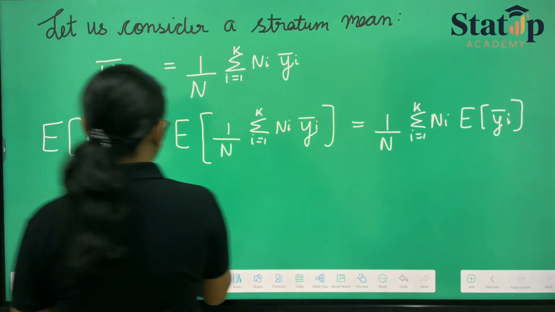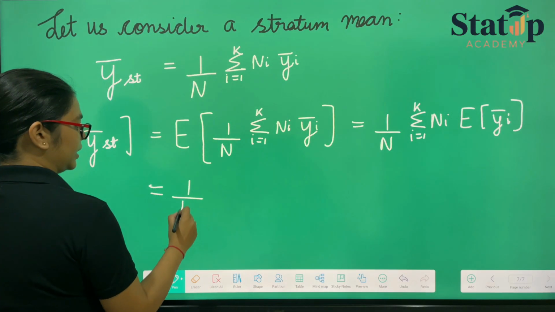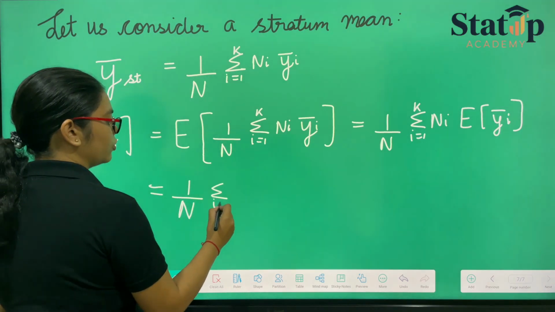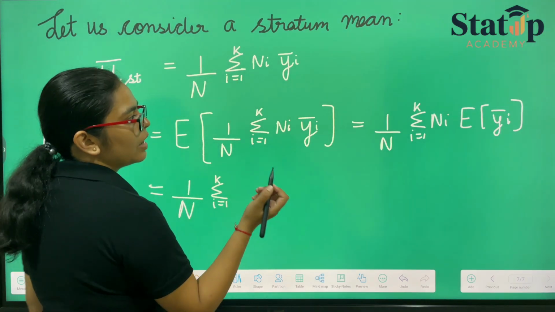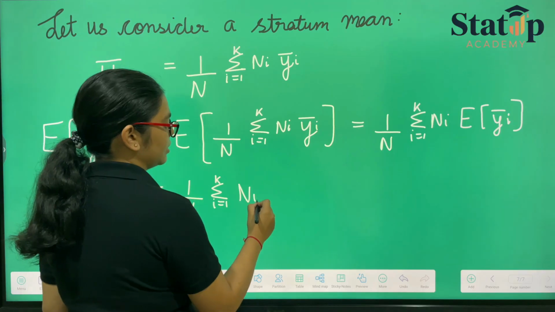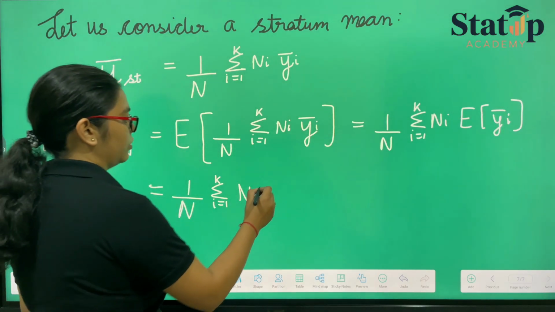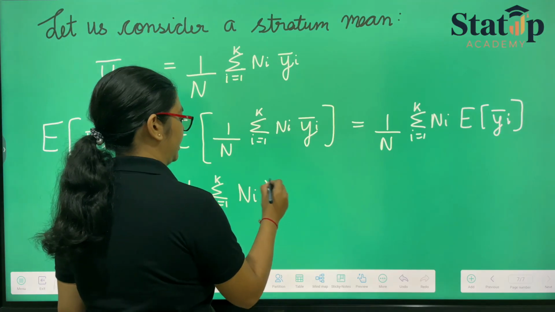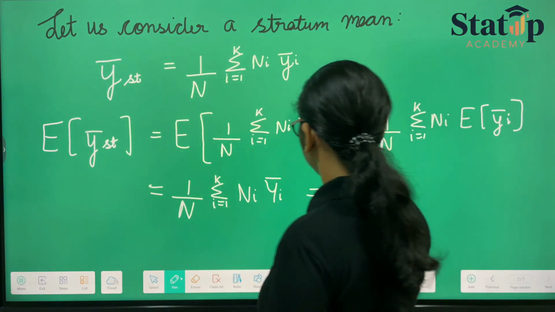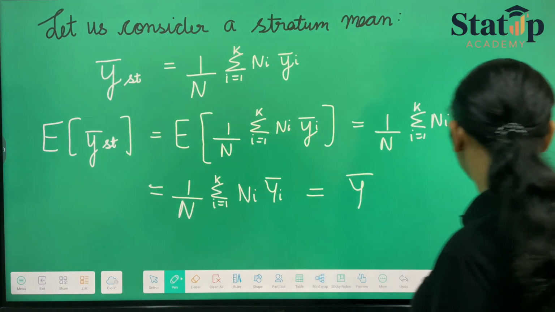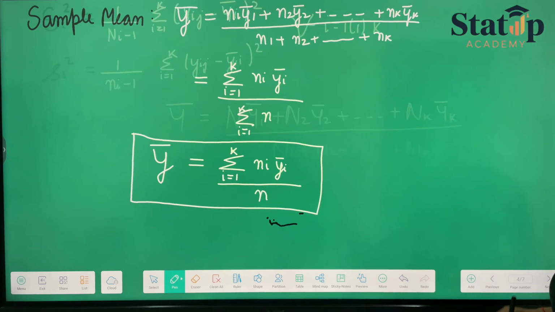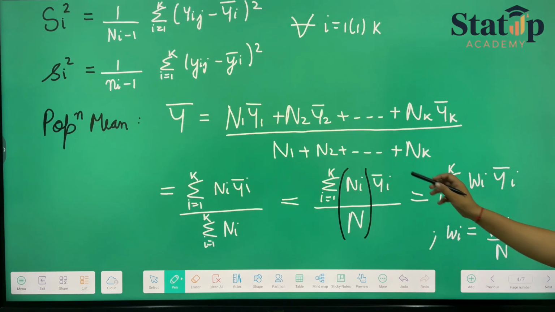This comes out to be 1 upon capital N summation i goes from 1 to k, Ni into the estimation of small y bar i, which from simple random sampling without replacement is capital Y bar i. And this is nothing but our population mean. Here we can see this is our population mean, Ni upon capital Y bar i.